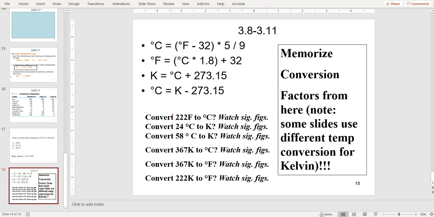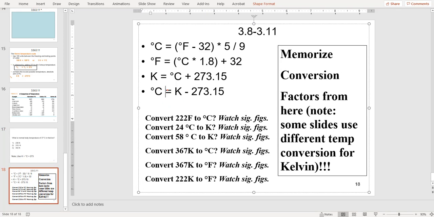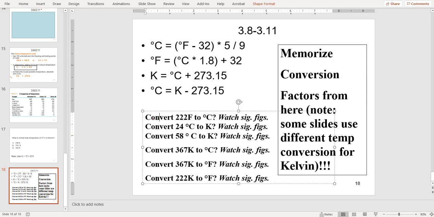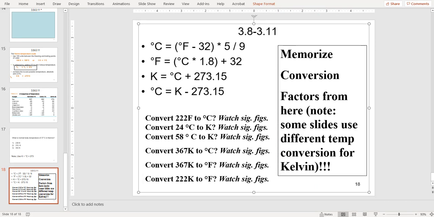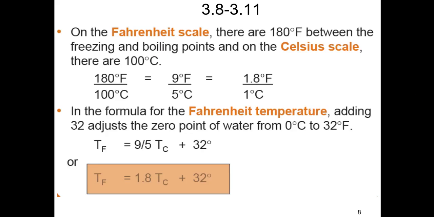For the quiz and exam, go ahead and use the one with 273.15. I am going to be teaching you to answer these with proper sig figs and going through the sig fig rules on these as well. Now you won't have to worry about deriving them if you already have them memorized.